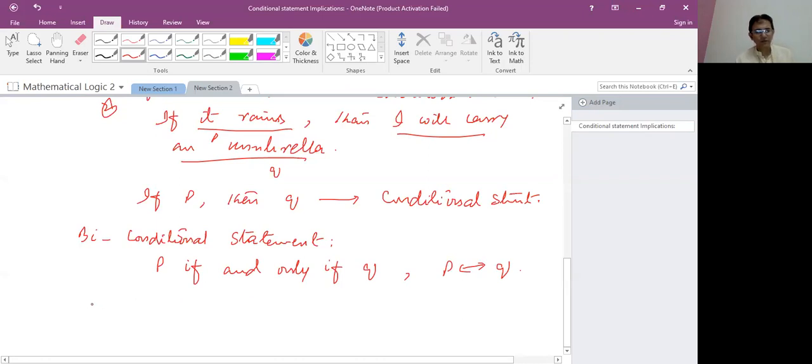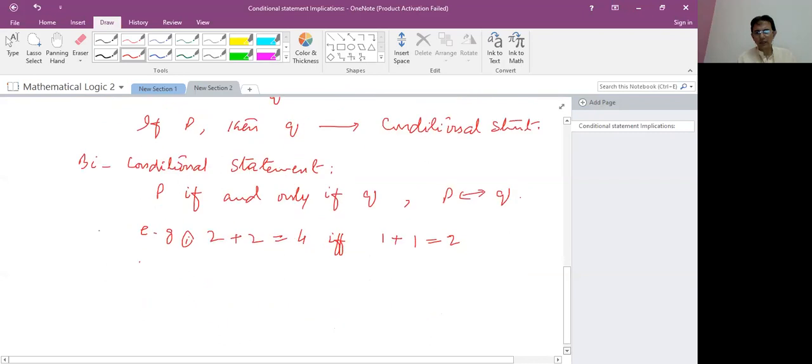For example, 2 plus 2 equals 4 if and only if 1 plus 1 equals 2.